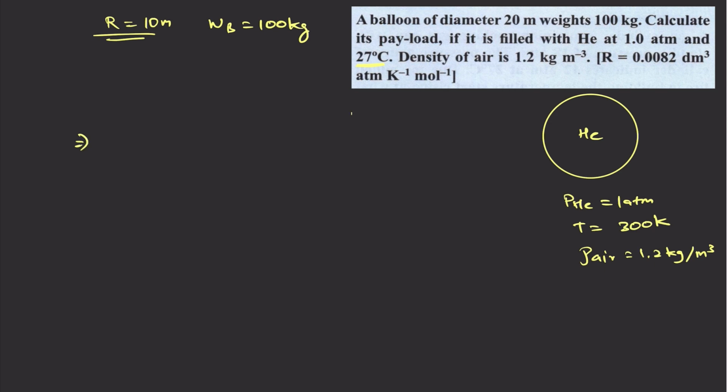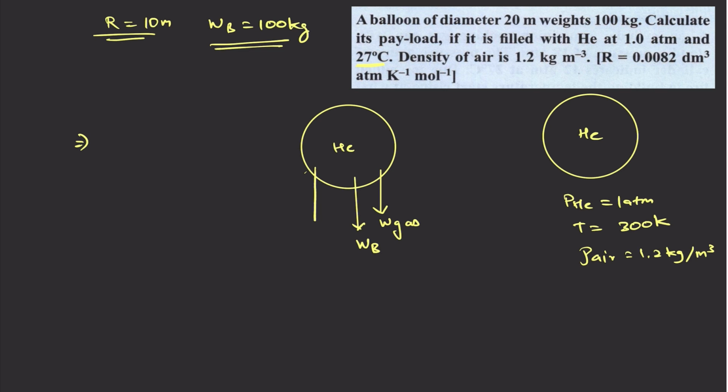Okay, so I can just draw the FBD of the helium balloon. We need to find out the kind of forces involved in the helium balloon. First, there is a force downward due to the weight of the balloon, which is already given as 100 kg. So the weight of the balloon is downward, and there is again the weight of the gas, which is downward, and there will obviously be the payload.